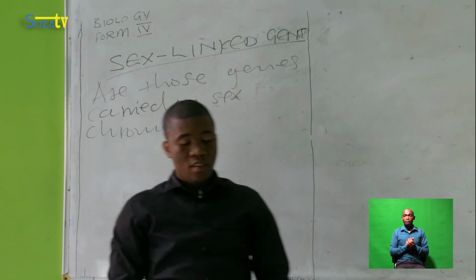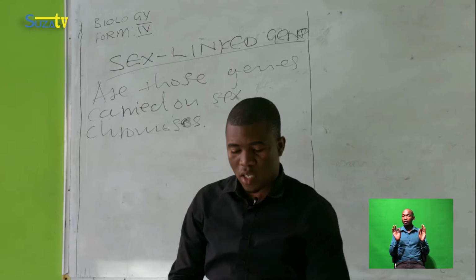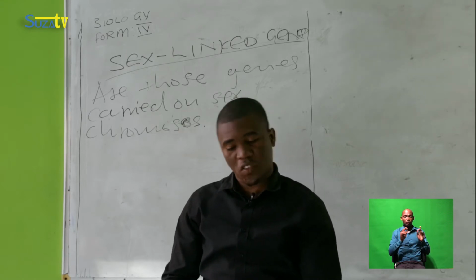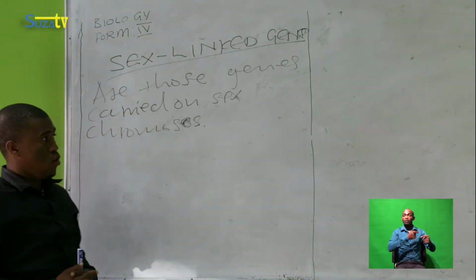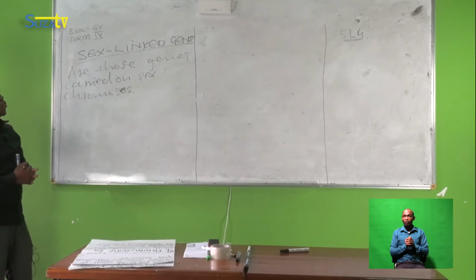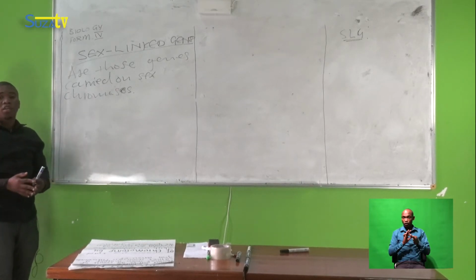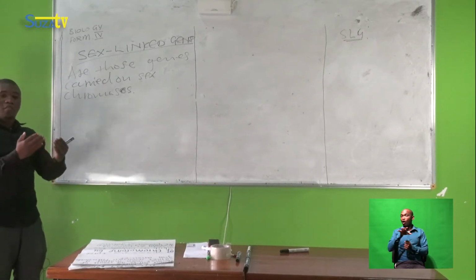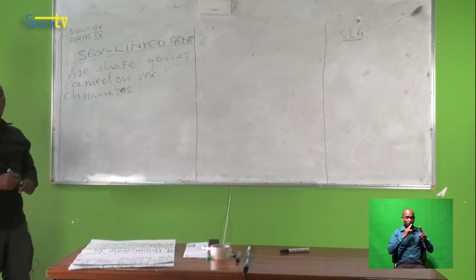Okay, thank you very much for good reading and good discussion. Now the discussion is over, and we proceed with our aspect, which is sex-linked gene. We make a general summary from what we have read and discussed in our groups.